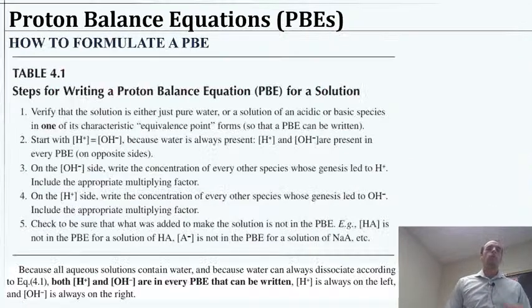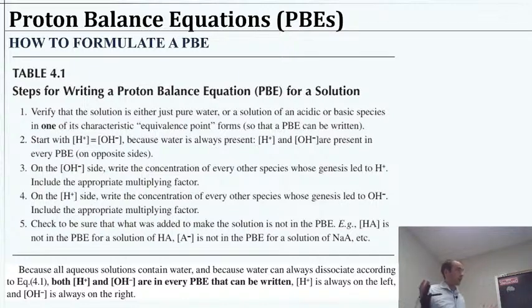So, in general, the approach we're going to do, which I kind of summarized a little bit, but wanted to show the simple case first. To write one of these equations, we first have to verify that it's either just pure water, or we have a scenario where the acid or basic species are in one of the characteristic equivalence points.